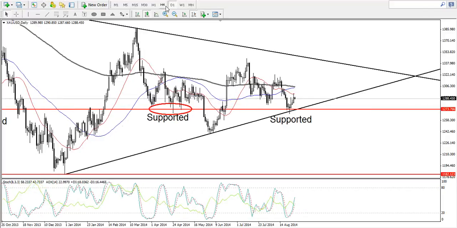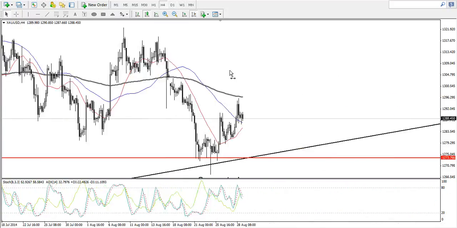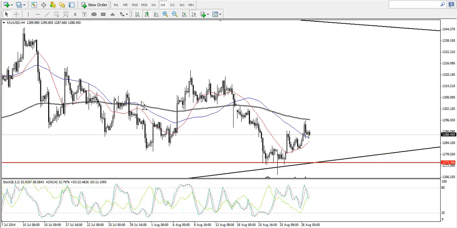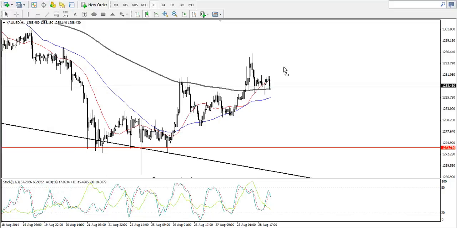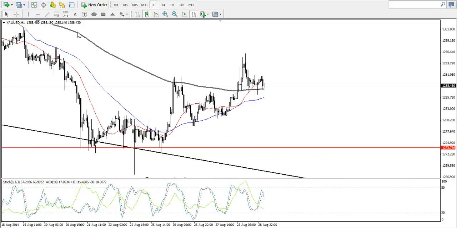So far I do not see any signs of reversal or exhaustion, except for a very short retracement. This is an H1 chart, so we can see that it is still riding pretty well on the trend line.